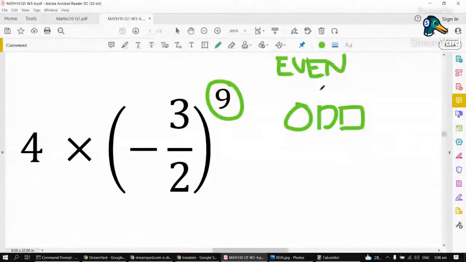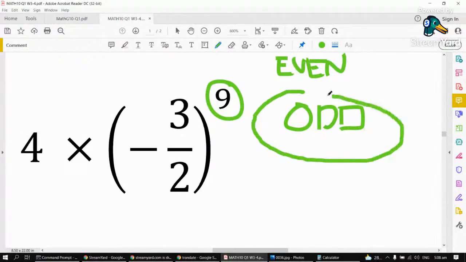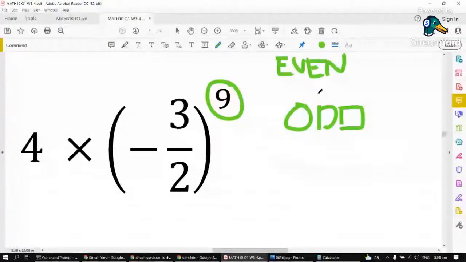Again, 'yung even is 'yung mga number na pwedeng i-divide sa 2. Ito 'yung mga number na nagtatapos sa 0, 2, 4, 6, 8, 10. 'Yung mga odd number ay 'yung mga number na hindi natin pwedeng i-divide sa 2. So ito 'yung mga number na nagtatapos sa 1, 3, 5, 7, 9.